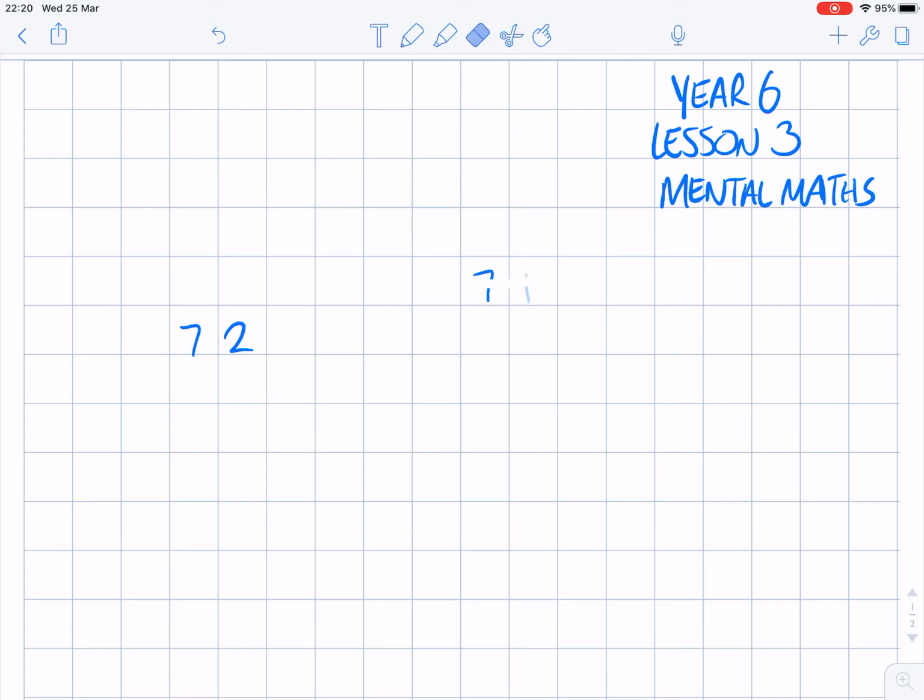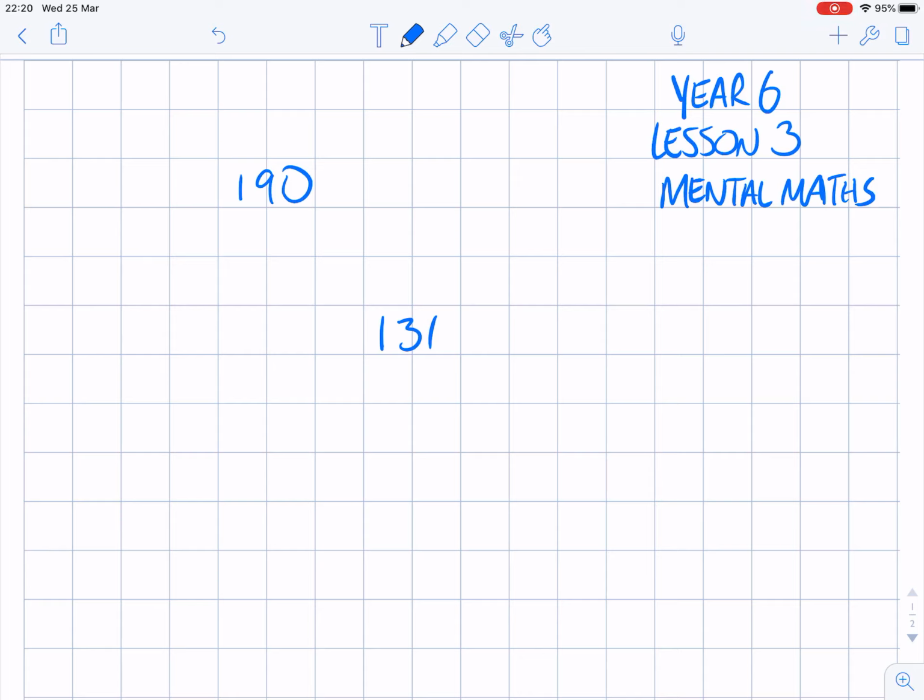Question 11. What do I divide 81 by to get the answer 9? What do I divide 81 by to get the answer 9? Question 12. I'm going to write down 2 numbers on the whiteboard and I want you to tell me the difference between the 2 numbers.